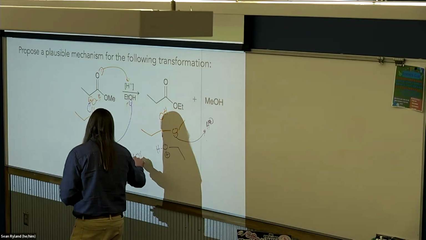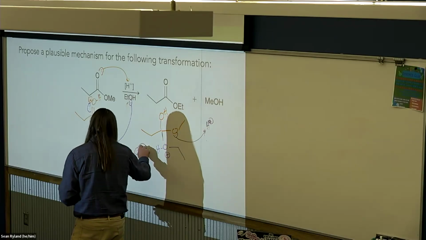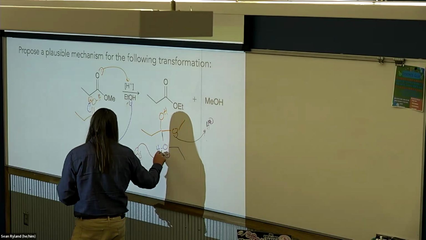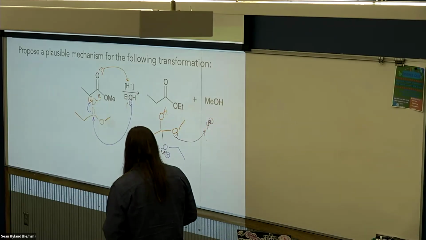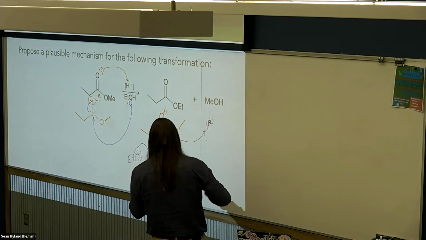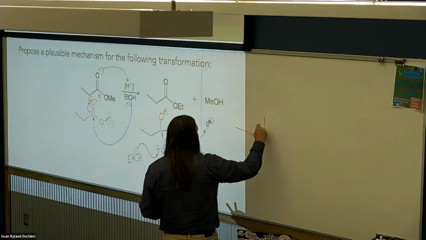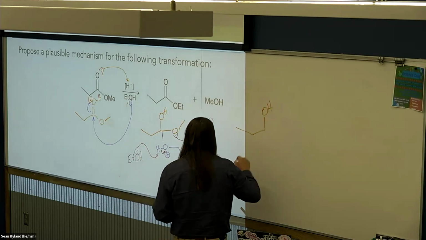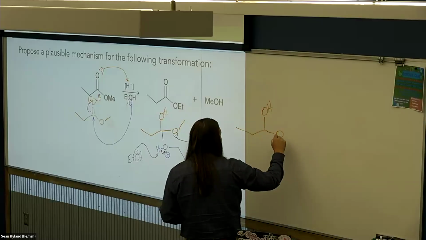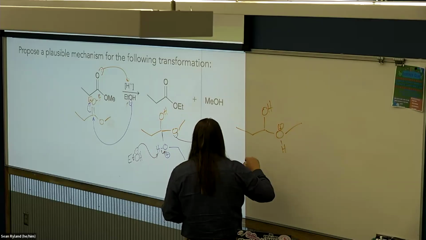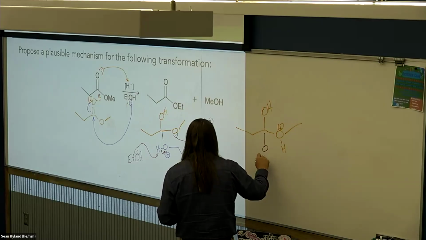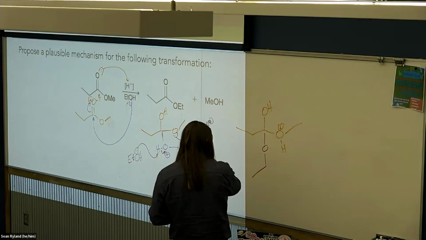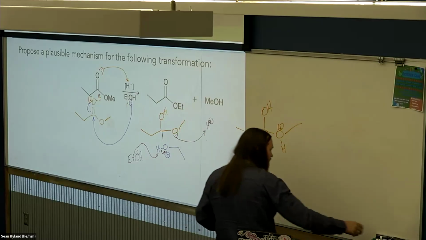But if you wanted to draw water, you could, or if you wanted to just draw base, you could. And so now our intermediate looks like, no color coding.